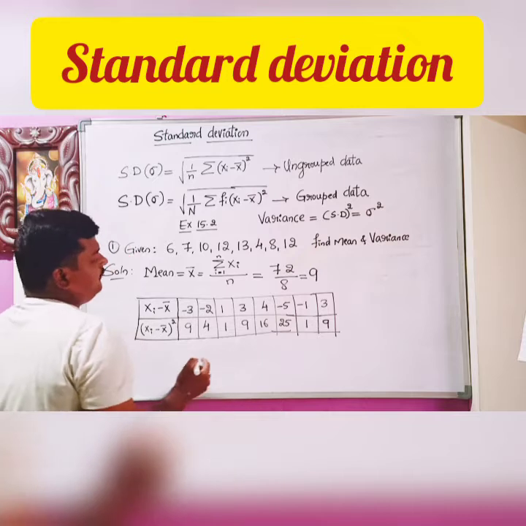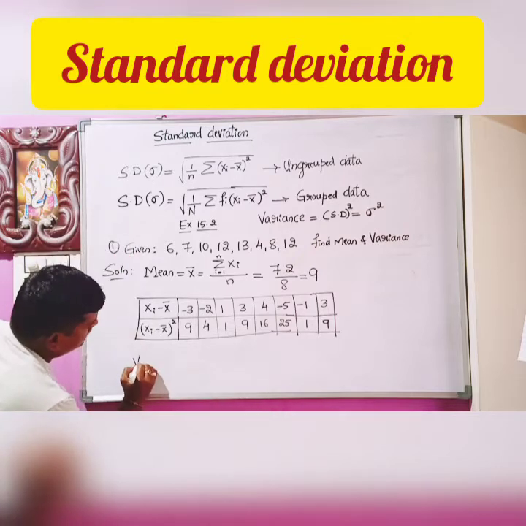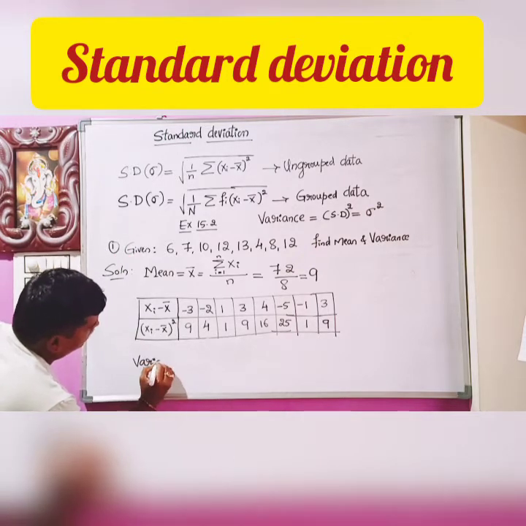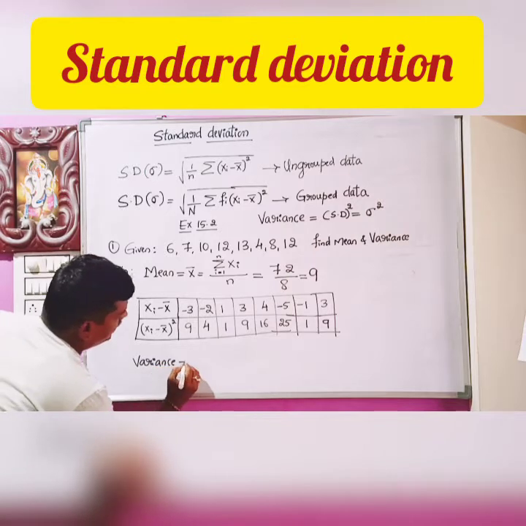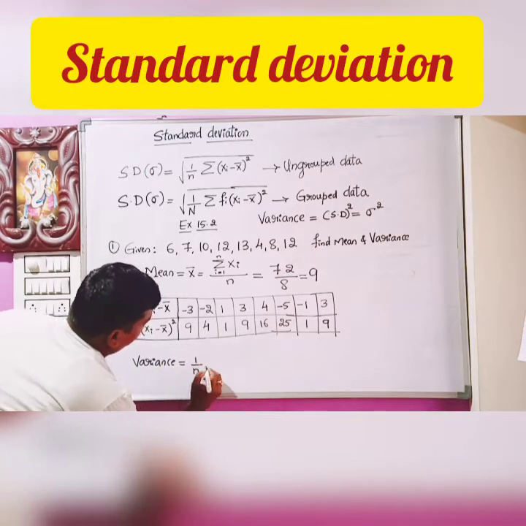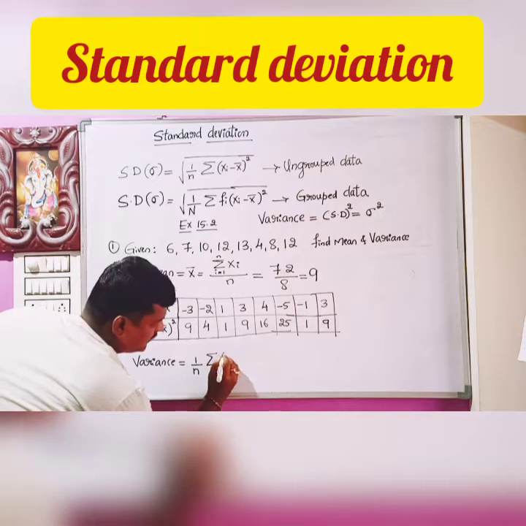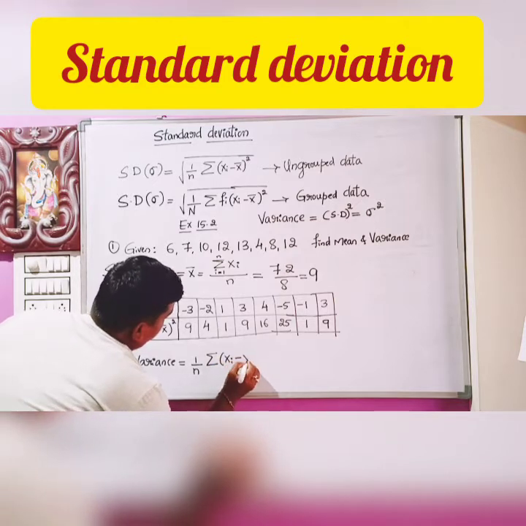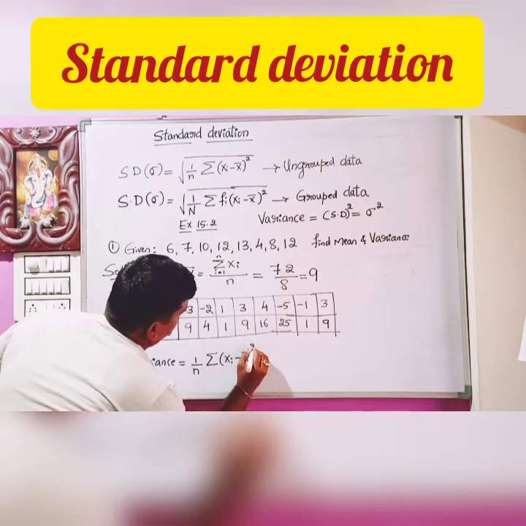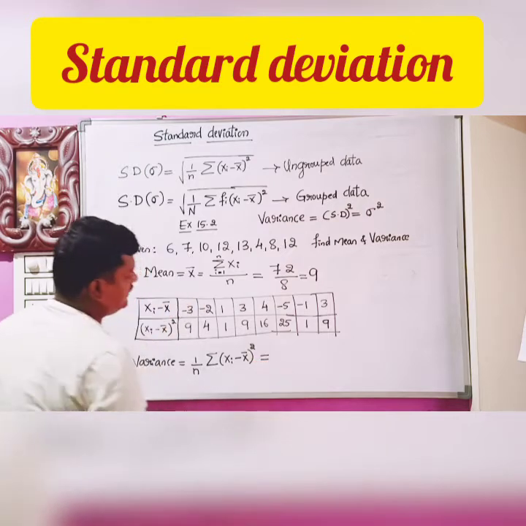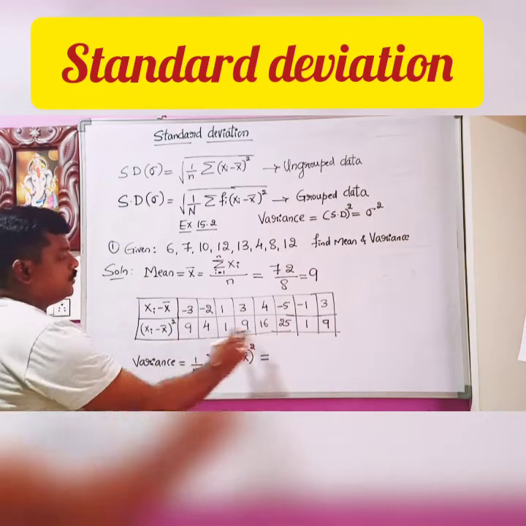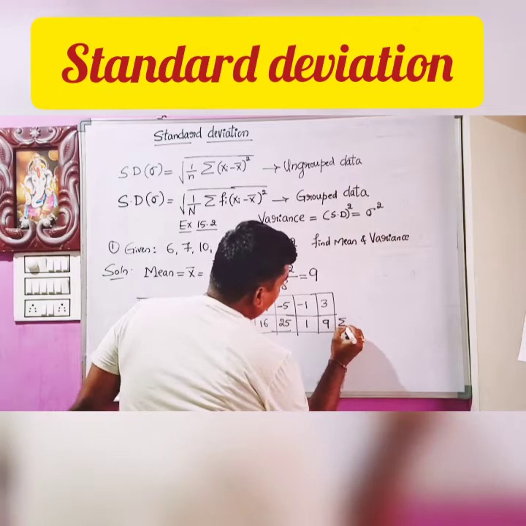So for finding the variance, what is variance? For ungrouped data, it is 1 by n summation xi minus x bar whole square. The sum of these we have to find.